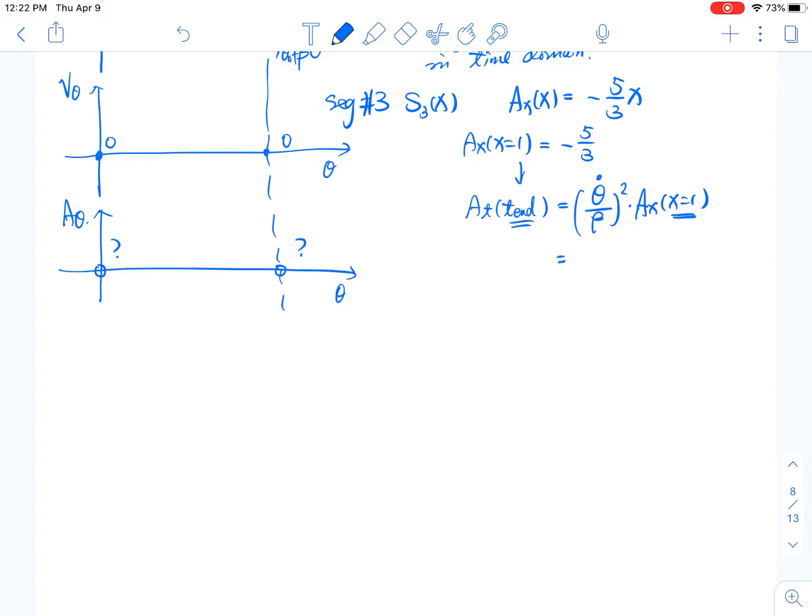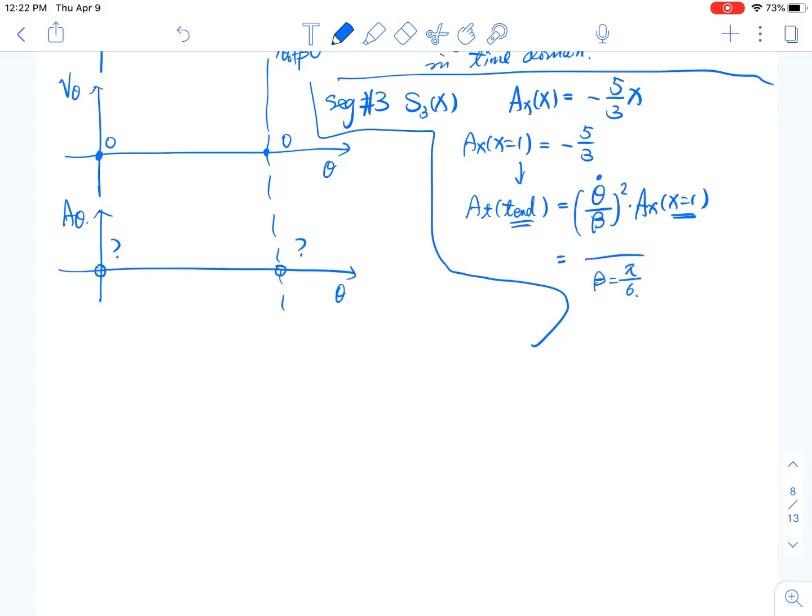And then here, this beta is the beta, because all the calculations we're doing is in segment number 3. So your beta should also be from segment number 3. Your beta should be 1/6 pi. Your theta dot should be 2 pi squared times A(x). And then let's directly replace your A(x) by minus 5/3. So eventually that's going to give you a negative value. Let me calculate it out.